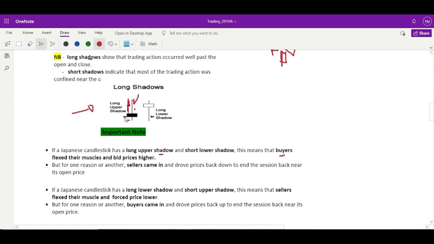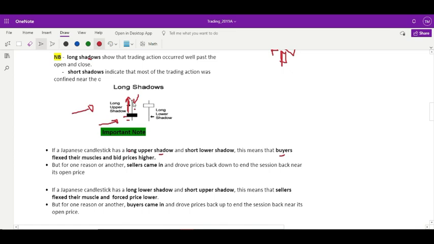The buyers come in and push the prices up, but they are just flexing because the price at the end of the day closed nearly at the opening price. That's why we say they flex their muscle by pushing the bid price up.